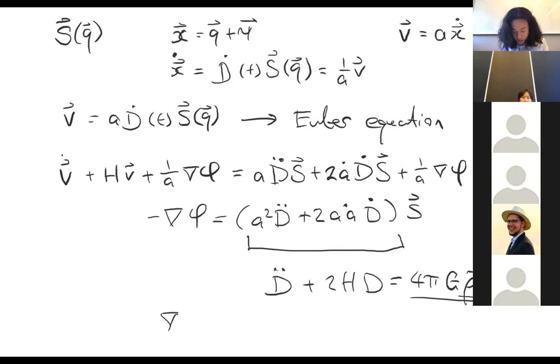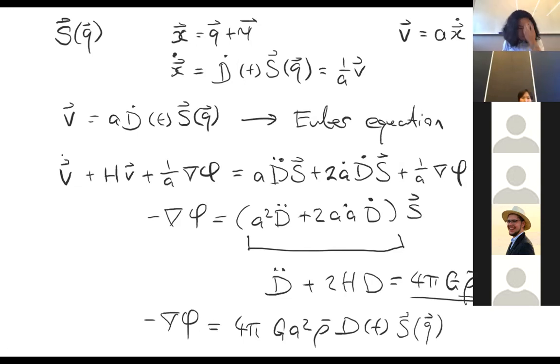So minus del phi is equal to 4 pi G A squared rho bar D of t S of q. Yeah, so now we have an expression for minus del phi.